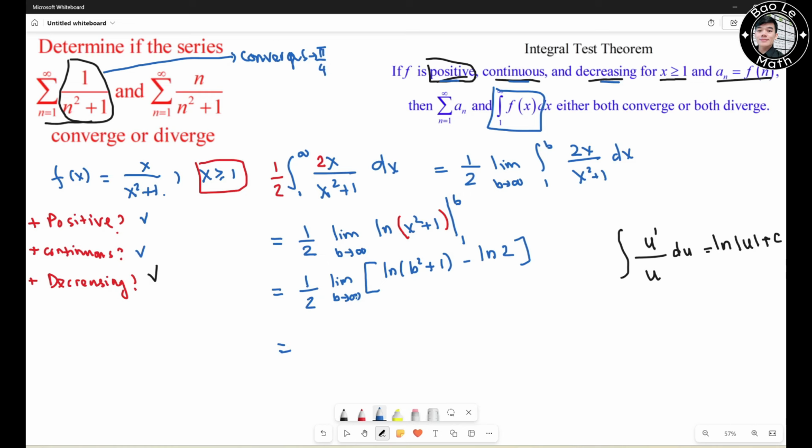Now when b approaches infinity, this guy always goes to infinity. And this guy is much smaller than this one. So the whole thing should be infinity. This means the integral from 1 to infinity of f of s ds is divergent.